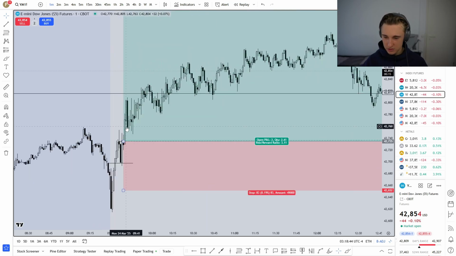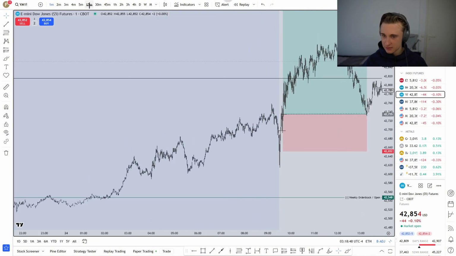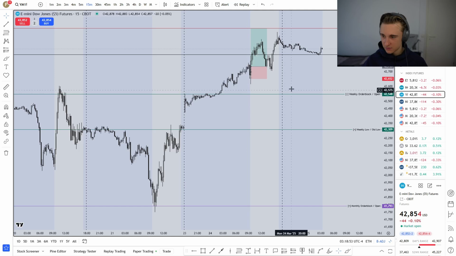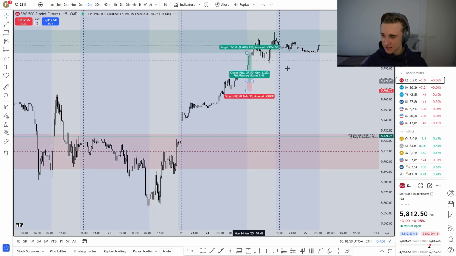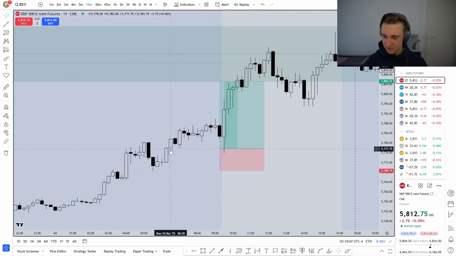Scaled one more position in right here, and then I held it into the daily order block, but I knew that YM wasn't the leadership asset. ES was literally the stronger of the 3, and ES was the leadership, and that's why I'm not upset, but it's unfortunate that we didn't get the trade.